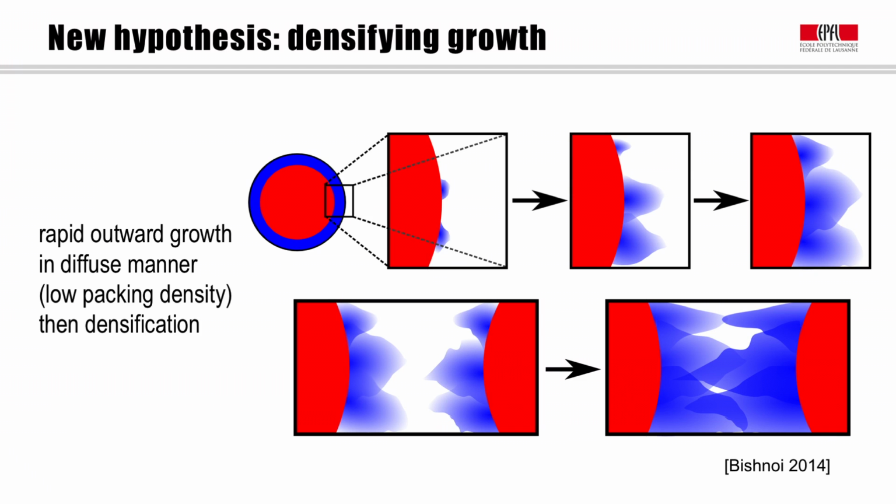And so we put forward a new hypothesis that CSH was first forming in a low density way and then subsequently densifying. And because it has this low density, it can occupy more space, and you can imagine having impingement between the hydrates much earlier than you would otherwise expect.